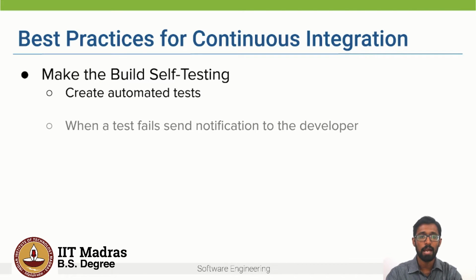And let's say when a test fails, the notification should directly be sent to the developer responsible for that module. So a simple command should just start running the test suite, and appropriate notification should be sent to the responsible developer when any test fails.